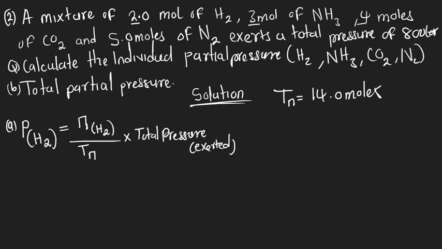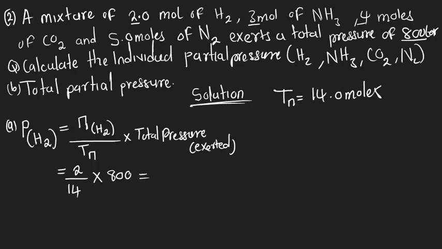Then to find the partial pressure for hydrogen, you get the number of moles of hydrogen, divide by the total, which is 14, then multiply by the total pressure exerted, which is 800 torr. Whatever you get becomes the individual pressure of hydrogen.